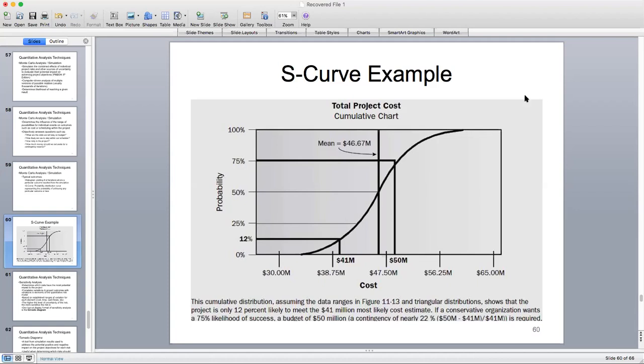And we can see, if you follow the chart at $46.67 million, follow the line up the S-curve, you will see it intersects the S-curve at 50% probability. 50% probability means that we are 50% confident that our project will cost $46.67 million or less.